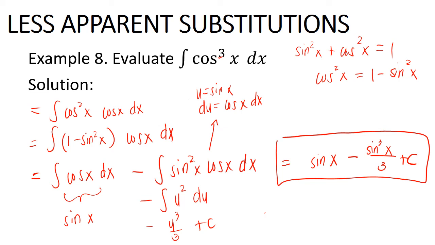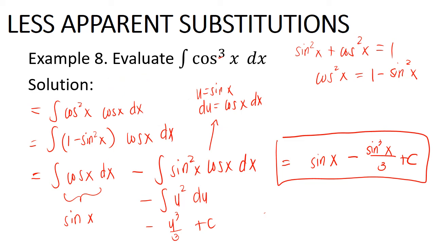Okay, baka magtanong kayo, baka hindi ba pwedeng gawin ko na lang yung buong 1 minus sine squared x ko yung maging u? Hindi pwede kasi pag dinerive mo yun, ang derivative nun ay derivative ng sine squared x, 2 sine x cosine x, at hindi yun cosine x. So, hindi pwede.